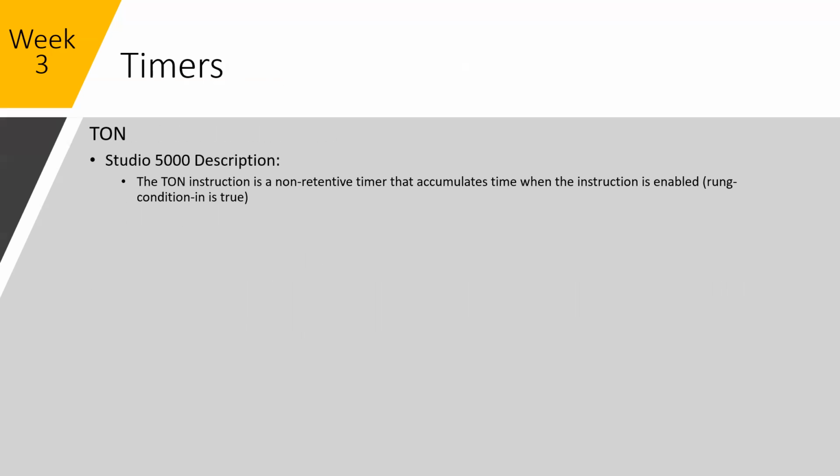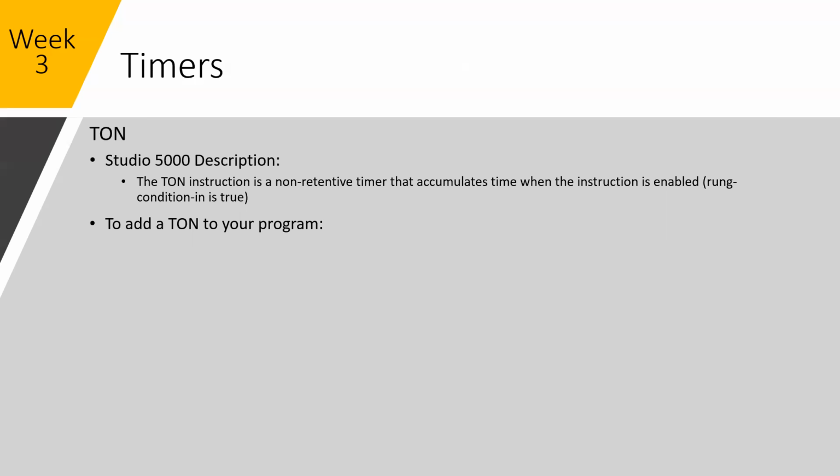So timers. Timer on, the TON instruction, is a non-retentive timer that accumulates time when the instruction is enabled and the rung condition is true. That means a TON timer will accumulate time for as long as its rung is true.